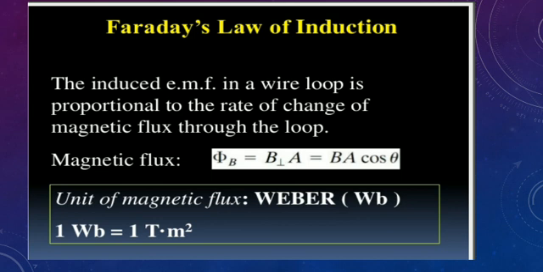The magnetic flux phi B is equal to BA cos theta, where cos theta is 1 for theta zero, therefore B into A. The unit of magnetic flux, again I'm telling, is Weber. 1 Weber is equal to 1 Tesla meter square. So here, for understanding, this phi B is nothing but magnetic flux.